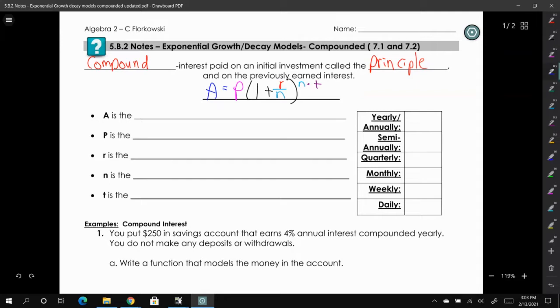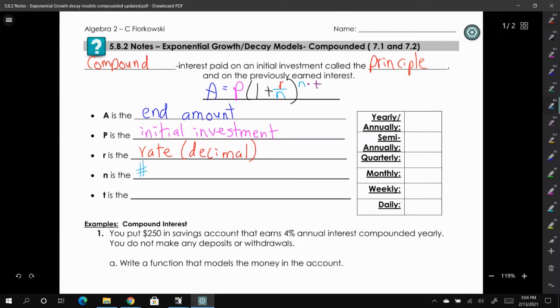So A is going to be your ending amount or your final value. P is your principal or starting value or initial investment. R is your rate, just like it was in the other problems, and that is a decimal. Remember, always convert your rate to a decimal. Now, N, this is the new part.